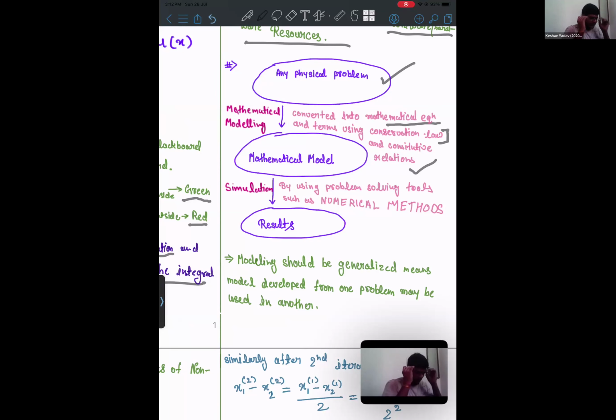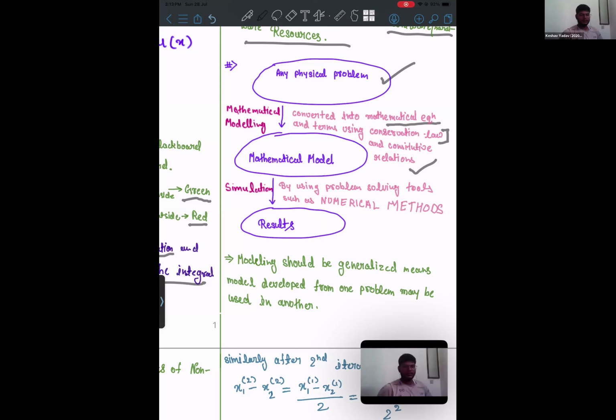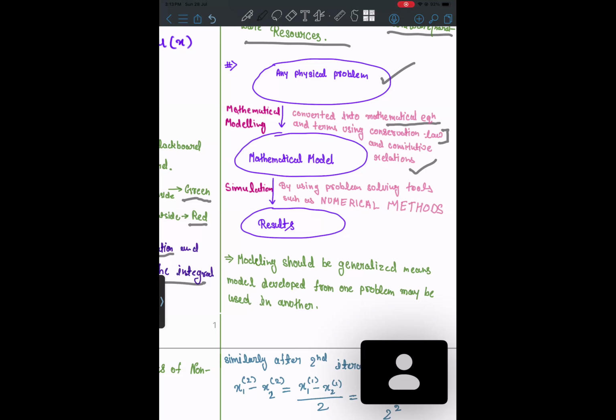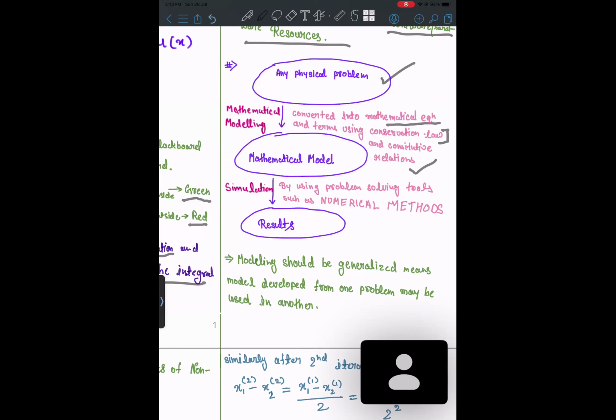And these mathematical models are many a time generalized ones. Suppose you have found the mathematical model for one problem, then you can apply the same model to different problems. Suppose there is a pipe, and in the pipe some fluid is flowing.